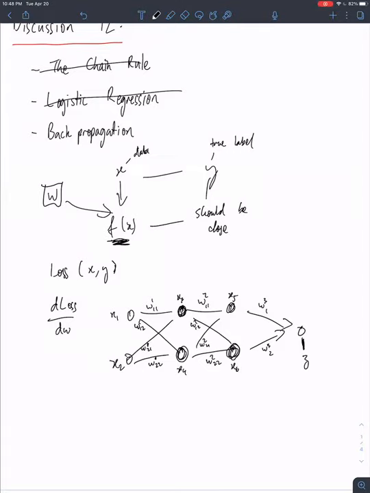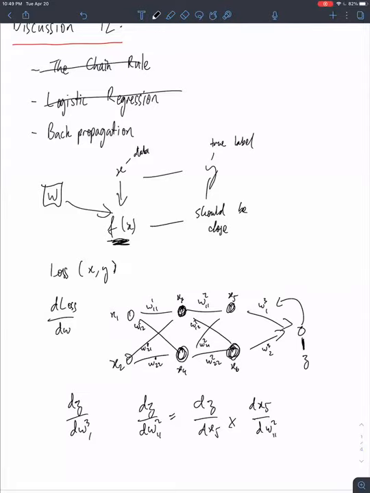So now when we want to calculate the derivative, we get dz on dw31, say, right? That's not too hard. And then what's dz dw112? Well, that's just equal to dz dx5, which you can compute without too much difficulty, times dx5 dw112.